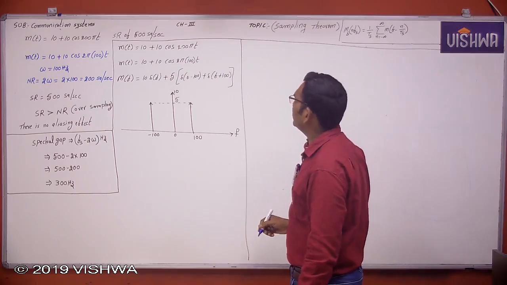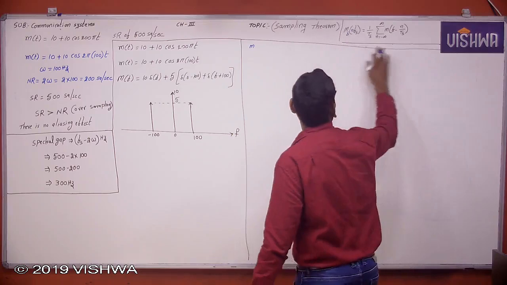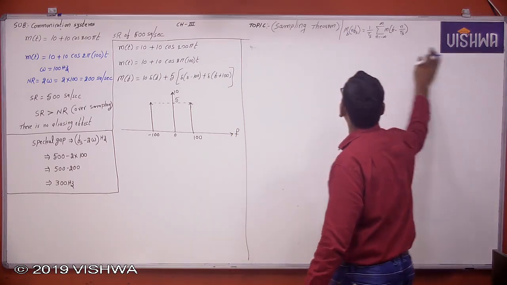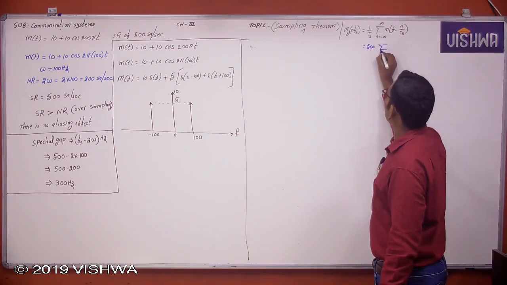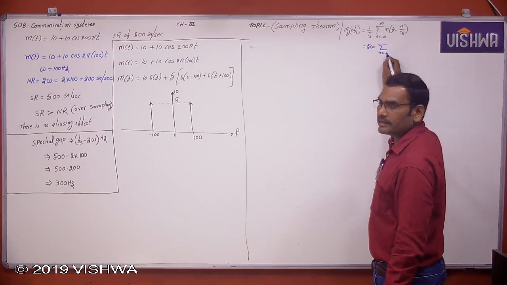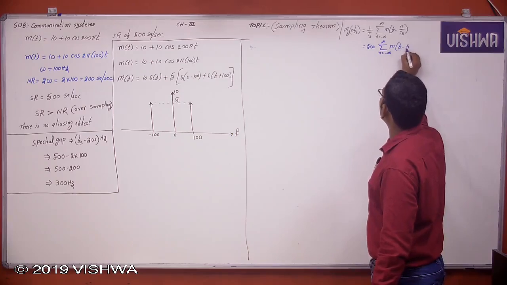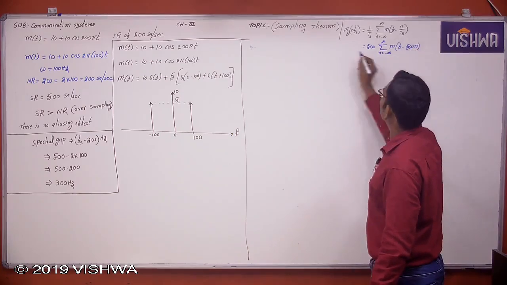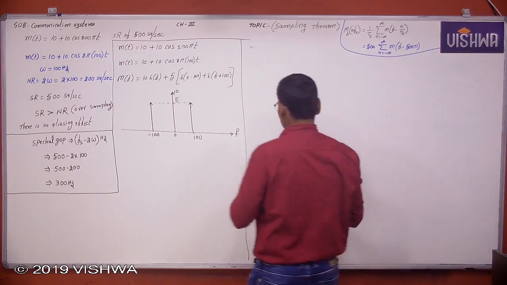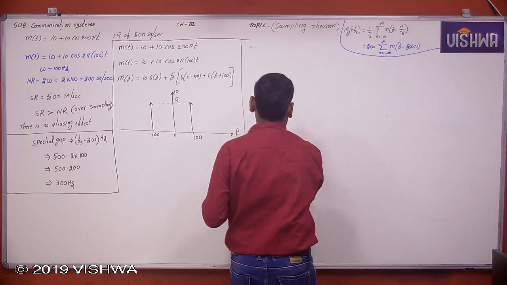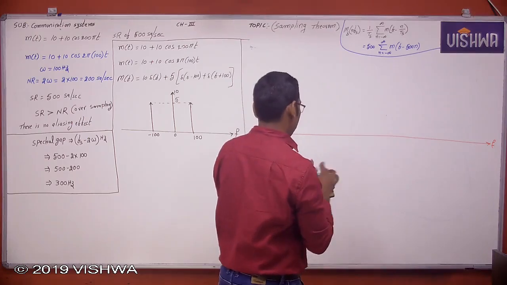Okay, now see what he is asking. What is the spectrum of the sampled signal? It is 500 times the summation from n equal to minus infinity to plus infinity of m of f minus 500 n.